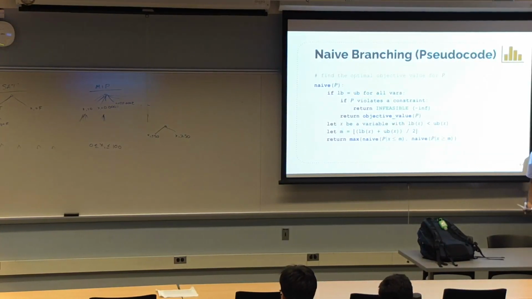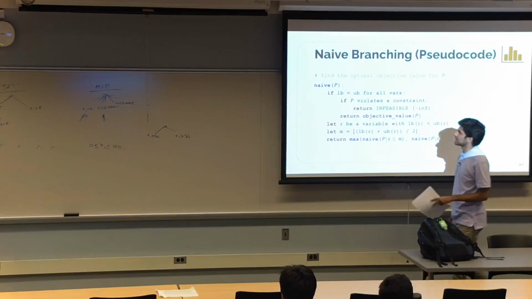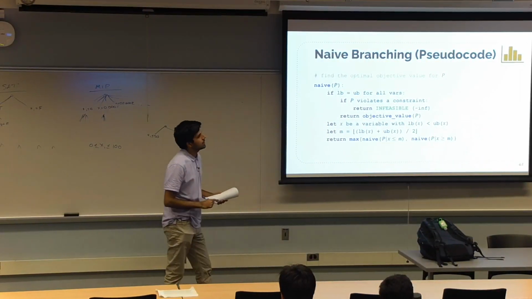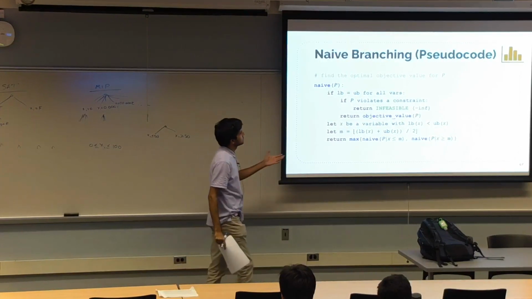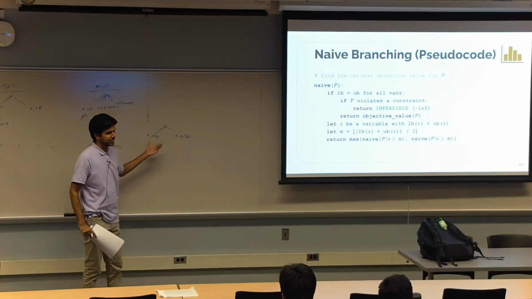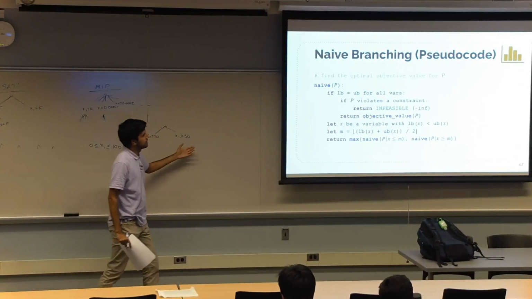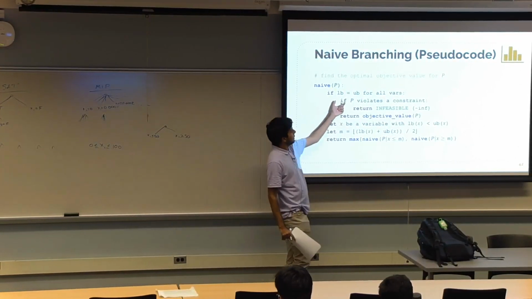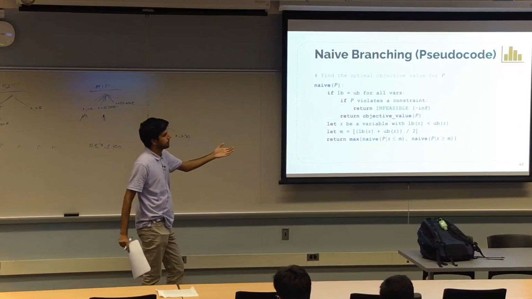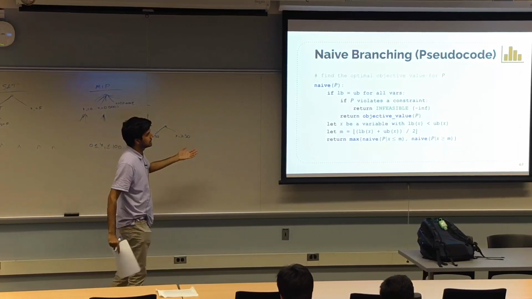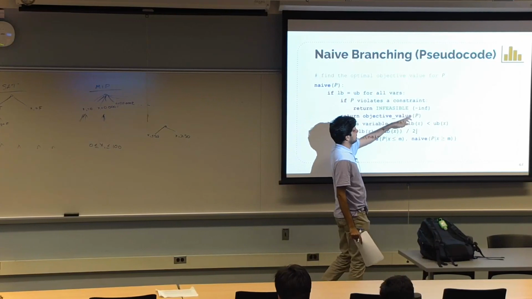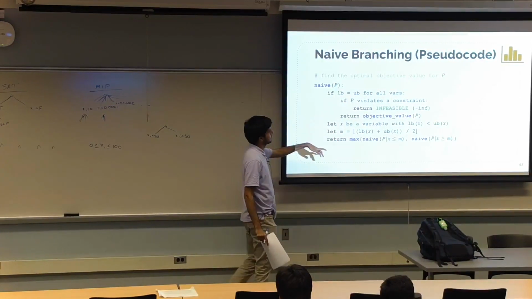So maybe it's a little bit easier to look at this through the lens of code. This is saying that if all of our variables have had their bounds constrained by splitting in half and going back and forth, so the lower bound and upper bound are the same, then we have assigned values to all of our variables, which means we might be done. Then we check: if there's a violation of a constraint, we say no good, infeasible.